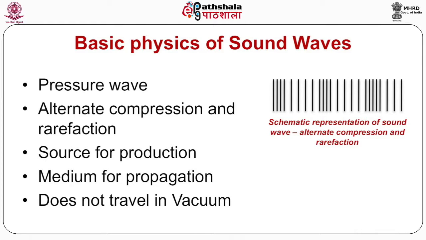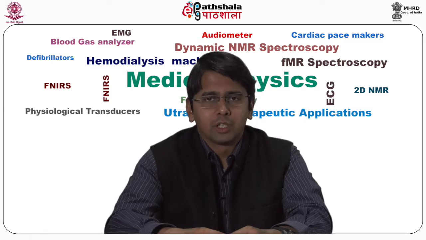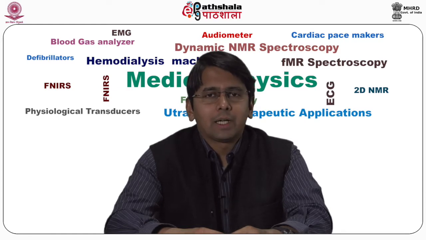It is important to know that there should be a source for production of sound wave. Also, there should be a medium for propagation. Why? Because the sound source sets the molecules or the particles of medium into motion. If there are no particles or no molecules in the medium, that is, if the medium is vacuum, sound waves cannot travel.